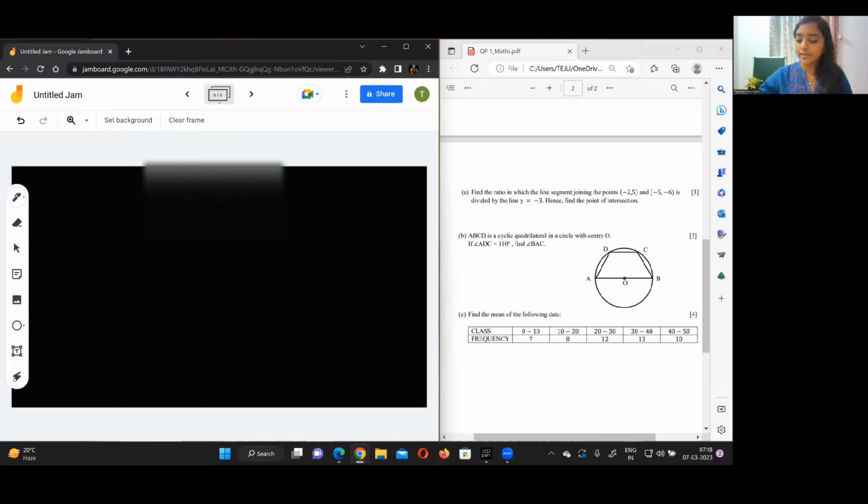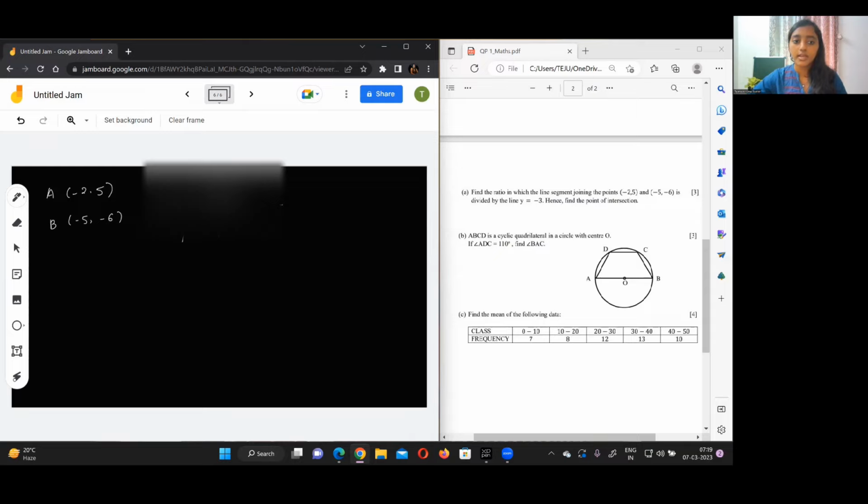So let us look at our 2 points. Let us consider point A, which is (-2, 5), and B, which is (-5, -6). What they're saying is that it's divided by the line y is equal to -3. So if you take this, -3 is somewhere here. So the line y is equal to -3 is somewhere here.